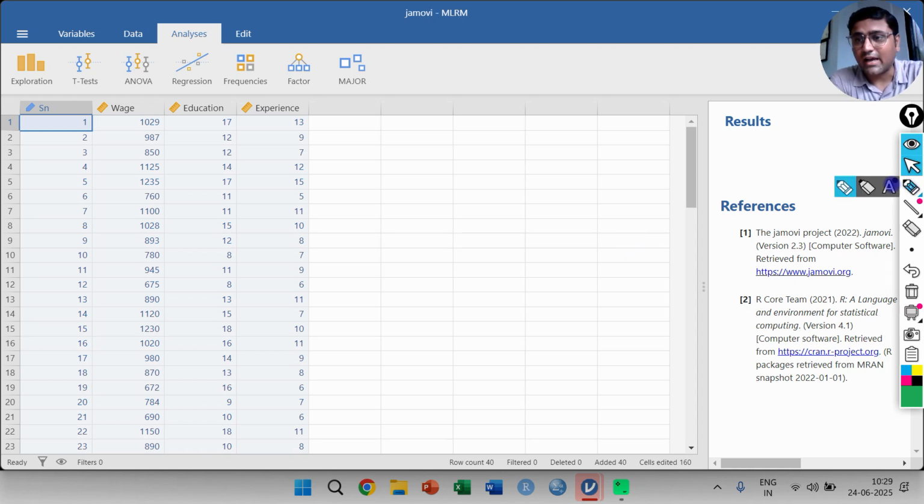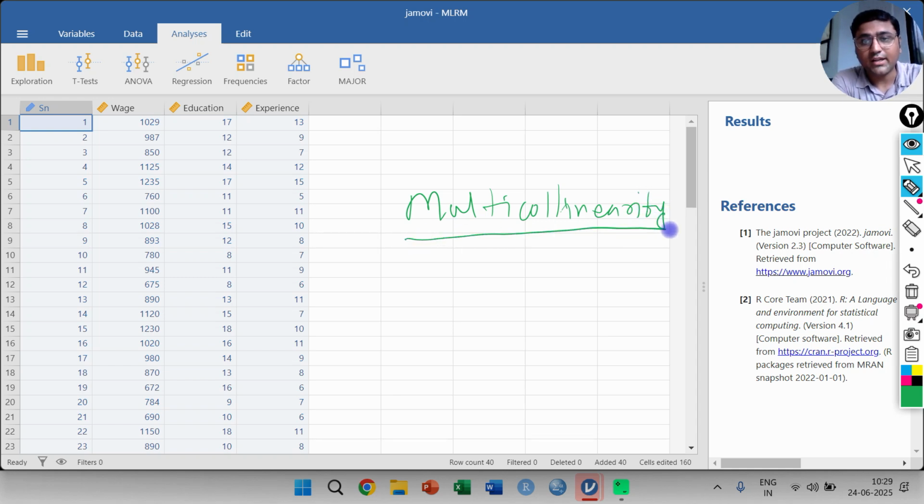So let's begin with the idea of multicollinearity. Multicollinearity is associated with multiple linear regression.